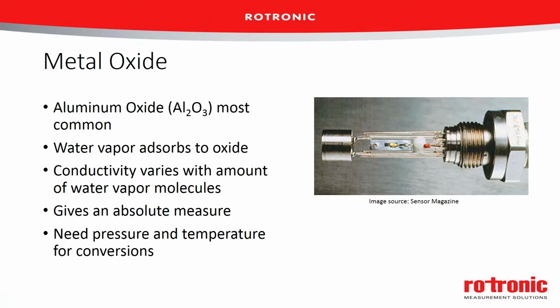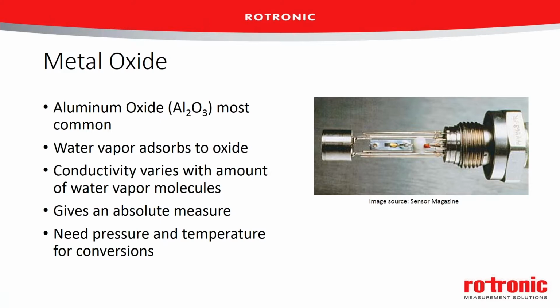As the partial pressure of water vapor changes, the amount of water molecules that adsorb onto the anodized aluminum changes. And as those water molecules populate the aluminum, the capacitance changes.